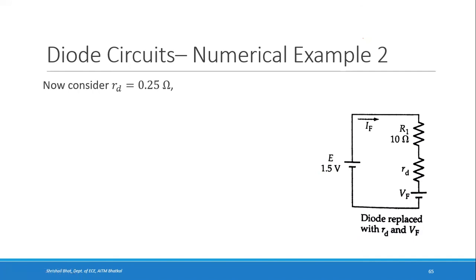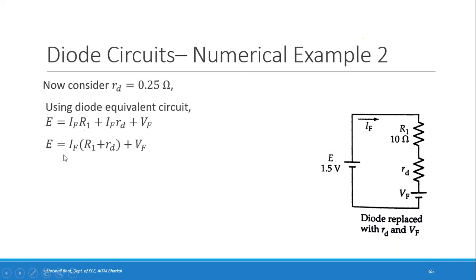Now you apply Kirchhoff's voltage law. E is equal to IF into R1, the voltage drop across the resistance R1, plus the voltage drop across RD, which is IF into RD, plus this voltage drop, VF. So what do you observe? IF is common, so you can also write this as IF into R1 plus RD, plus VF.